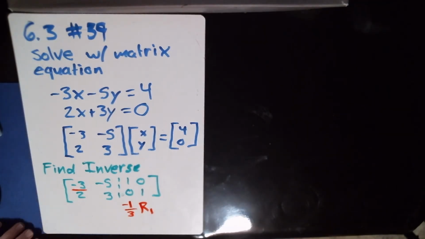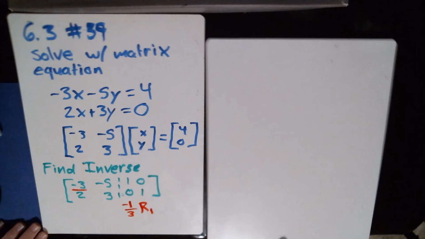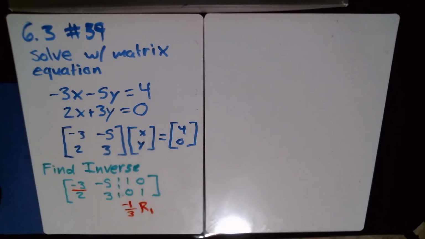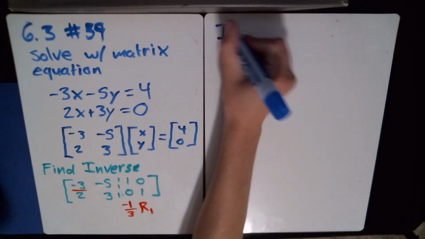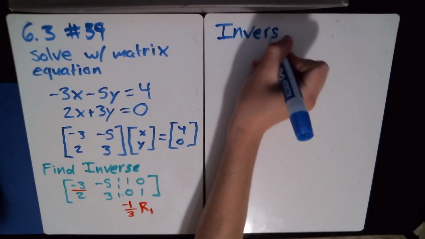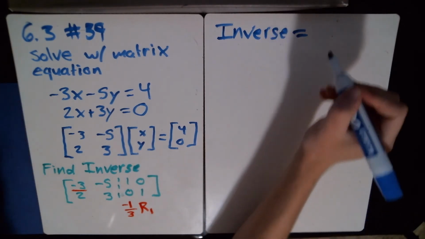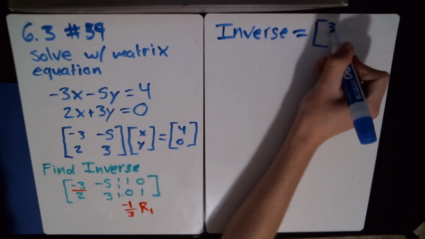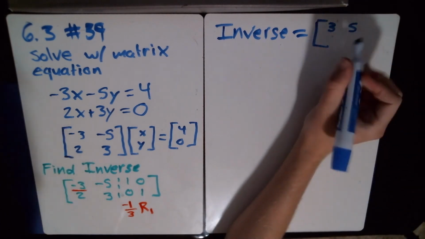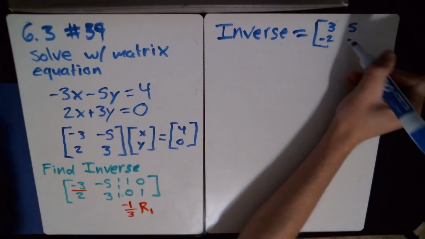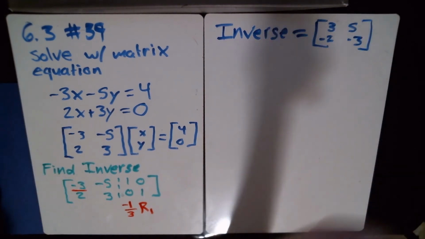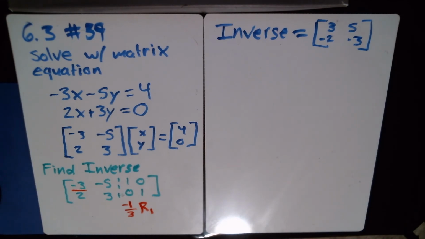I'll write my inverse up here, the thing that we just found. It was 3, 5, -2, and -3. There we go. Okay. So that was the inverse that we found by doing all those row operations.